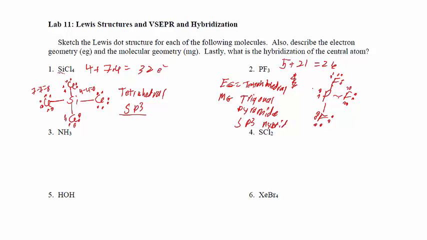The non-bonding pair is in a hybrid orbital, and all the phosphorus-fluorine bonds are in hybrid orbitals. So that's 1, 2, 3, 4 hybrid orbitals. It has to be sp3.